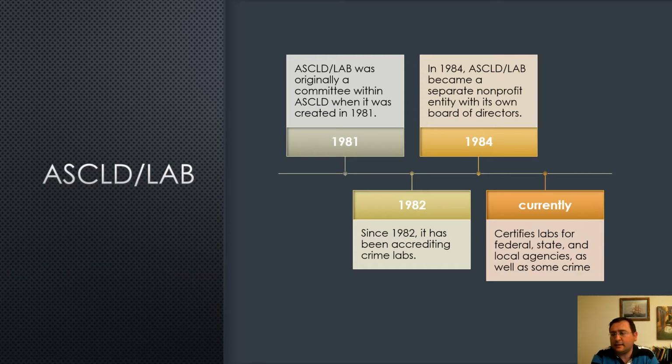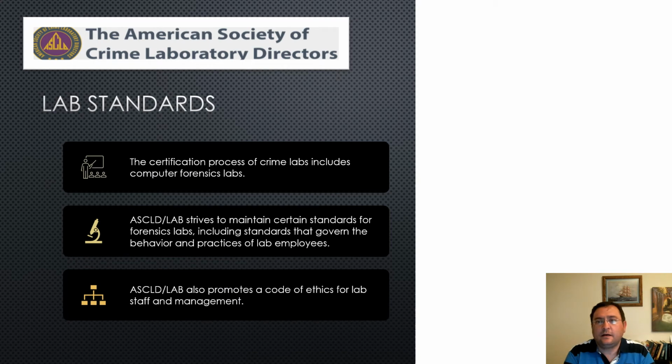Since 1982, it has been accrediting crime labs and currently certifies labs for federal, state, and local agencies, as well as some crime labs based outside of the United States. The certification process of crime labs includes computer forensic labs. ASCLD/LAB strives to maintain certain standards for forensic labs, including standards that govern the behavior and practices of lab employees and also their managers.